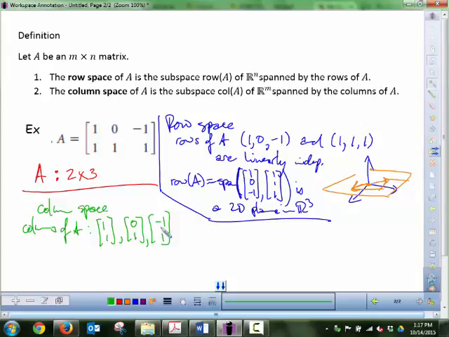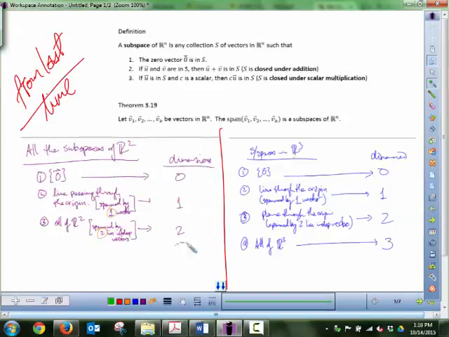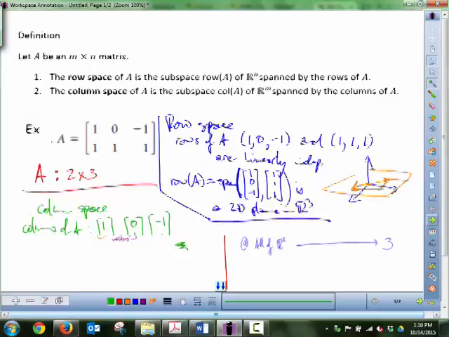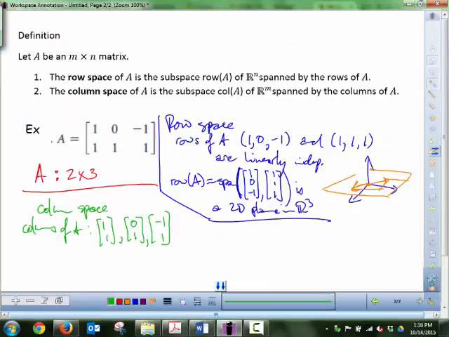No. There's no way, because in R2, I can have at most 2 dimensions. I can't have anything 3-dimensional if I'm living in R2. So I have to be at most 2-dimensional, possibly 1-dimensional.